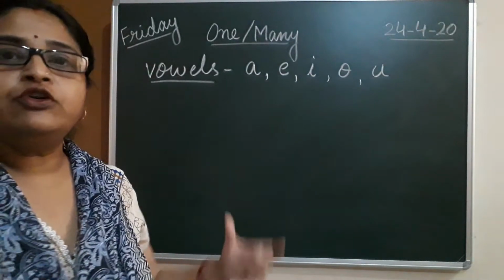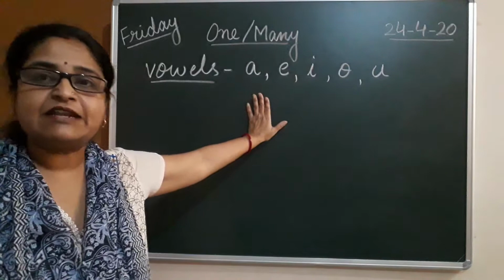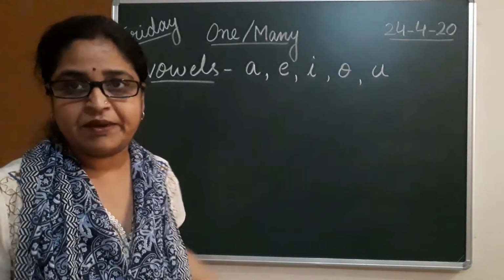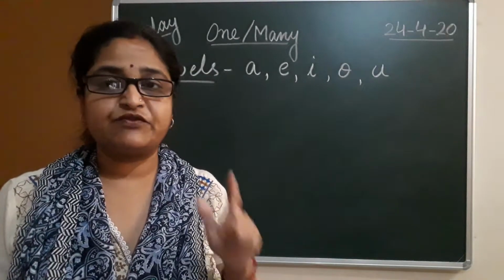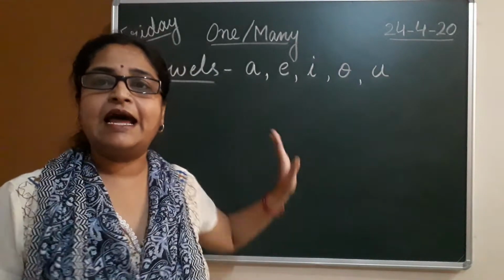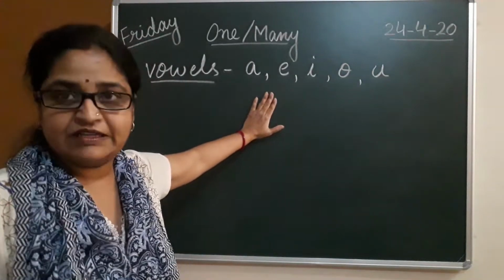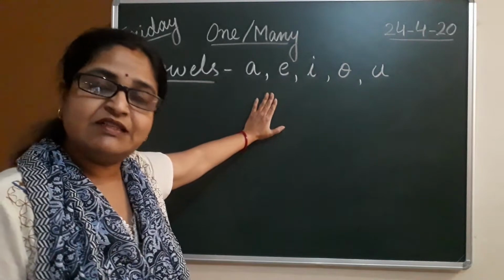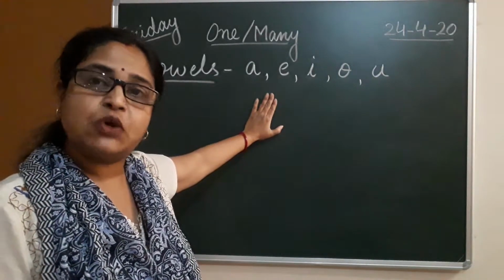These are the 5 vowels that we have in the English alphabet. And as you all know, there are 26 letters from A to Z. Out of those 26 letters, these 5 are vowels, and the rest 21 are called consonants.